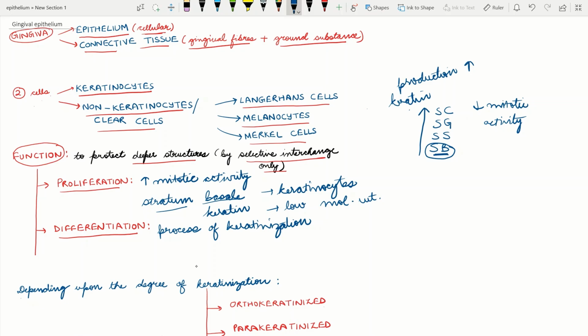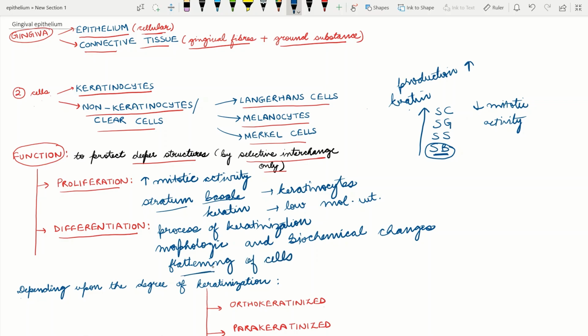Here you will see there are some morphologic and biochemical changes. So what are the changes that you will see here? That is the flattening of cells. That is, the cells become more flattened.